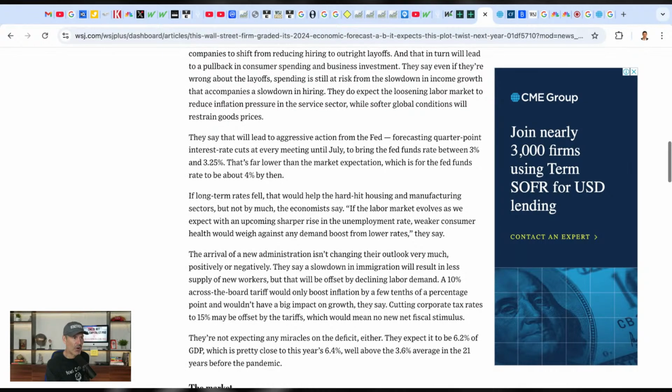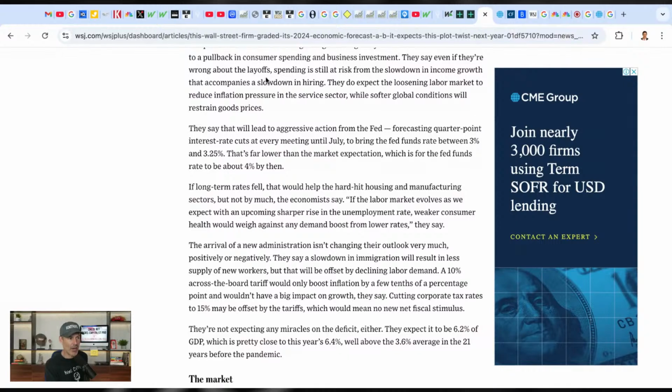They say even if they're wrong about the layoffs, and I think that they've got the economic data on their side when you look at the unemployment rate and the Sahm rule, and especially if you look at the differential between the household survey and the establishment survey, along with what I don't really think is a conspiracy theory, but many people might, that prior to the election they were cooking the books, trying to make the unemployment rate or the jobs market look a lot better than it seemed, to give Kamala the highest chance of winning that they could.